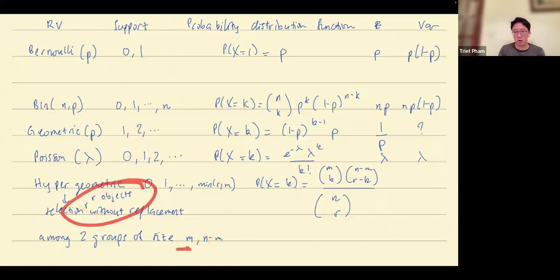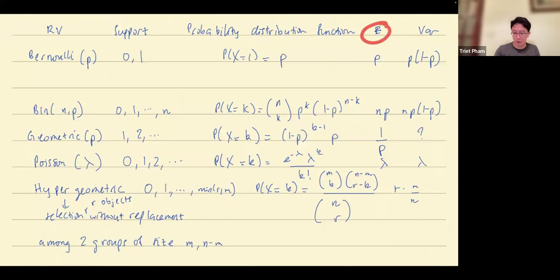How many blue balls do you expect in your sample? Well, the answer here is the sample size, which is r, times the rate, which is m over n. Okay, that's the expectation of a hypergeometric.